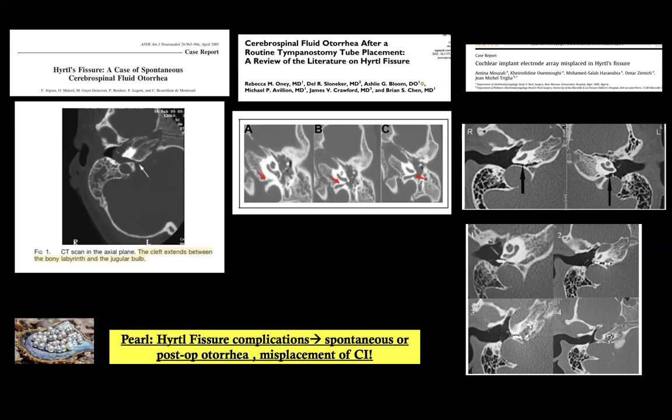It's this cleft between the otic capsule anteromedially and the jugular bulb posterolaterally, that creates spontaneous or post-procedural otorrhea, but also can create problems in the placement of the electrode, like in these cases. So it's very important that you know your variants in the anatomy.